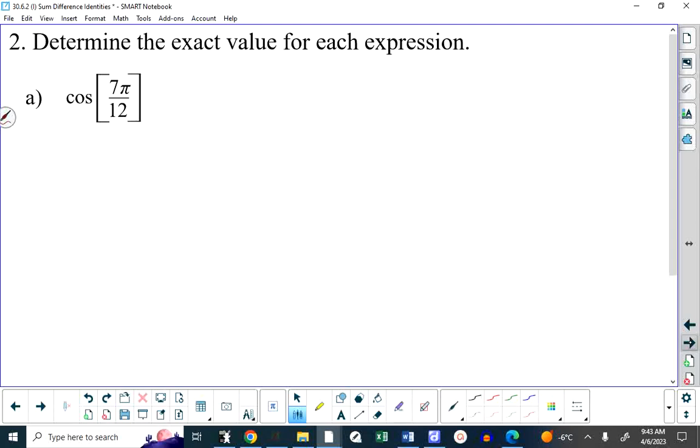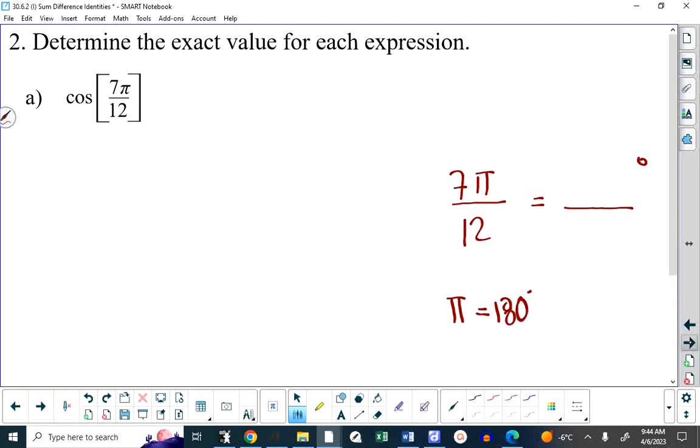Let's figure out what 7 pi over 12 is equal to in degrees because we think better in degrees. The work in radians is often easier to do, but in this case, let's think in terms of degrees. And I'm just thinking here that pi radians is 180 degrees.